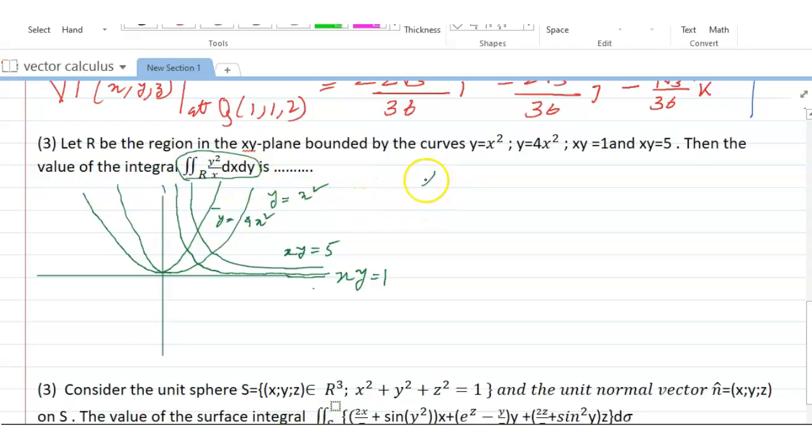So let u is equal to xy and v is equal to y by x square.